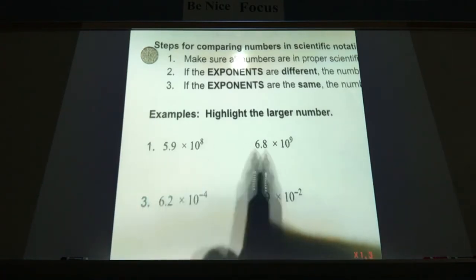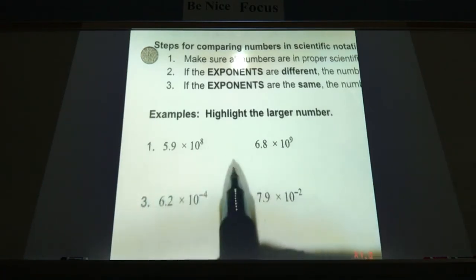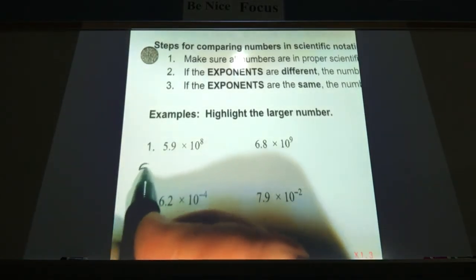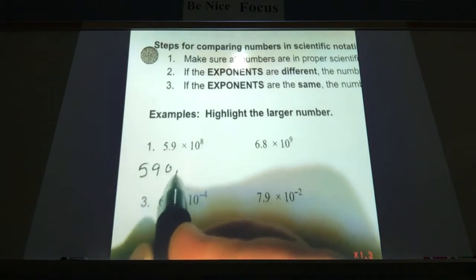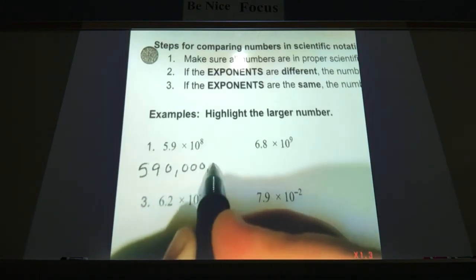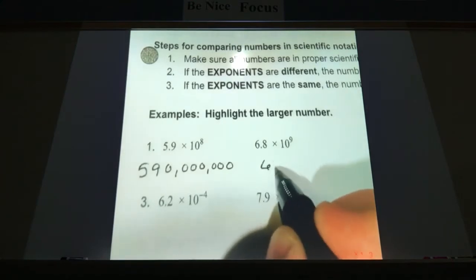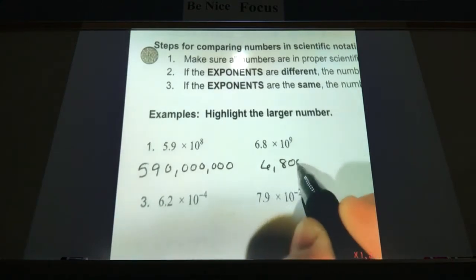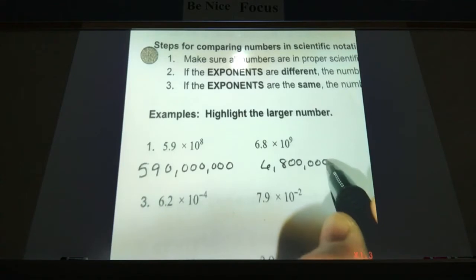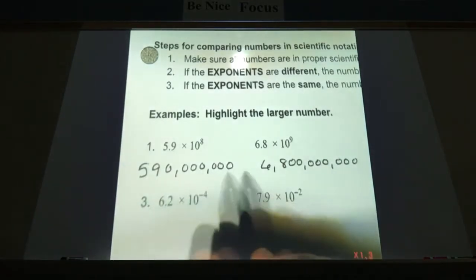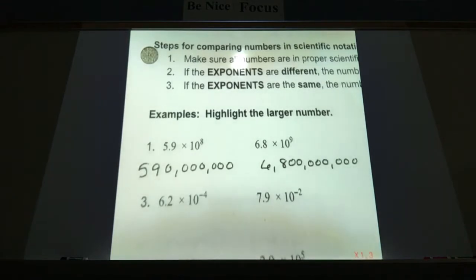In number 1, we're comparing these two numbers that are in scientific notation, but if we take them out of scientific notation, this number becomes 590 million, and this number becomes 6,800,000,000, and it's easy to see that this number is greater than this number.